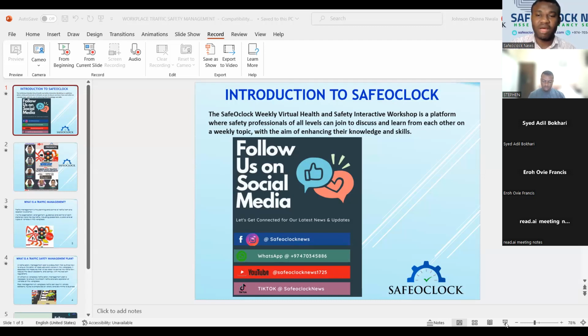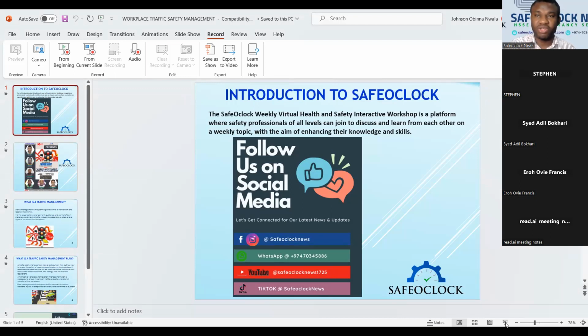You are going to give us your own experience, how you manage workplace traffic to prevent accidents and collisions between vehicles and pedestrians. And we learn from each other. Maybe there are some positive or good practices that you've been implementing that others can learn from and implement.